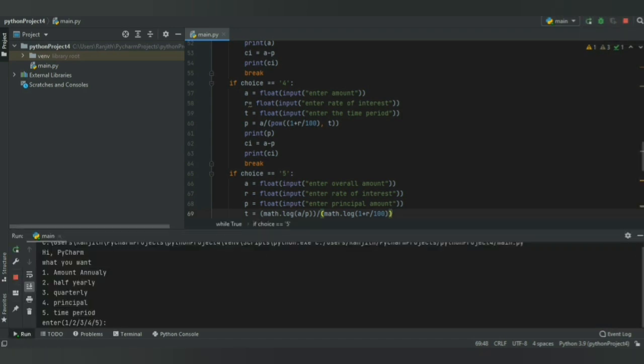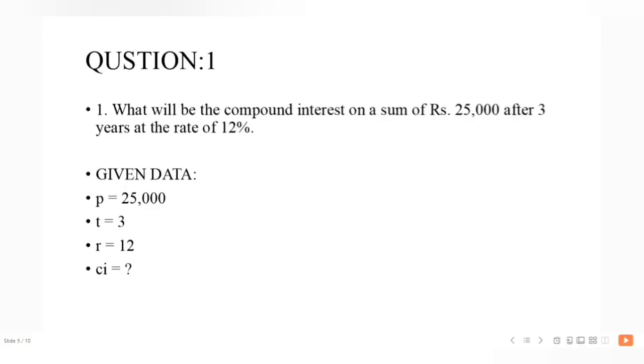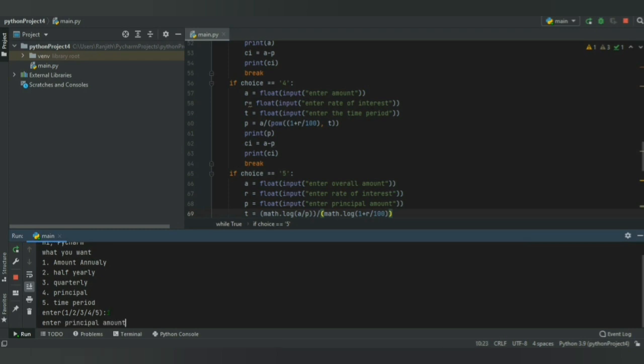Our first question is: what will be the compound interest of a sum of 25,000 after 3 years at the rate of interest 12%? The given data: principal amount equal to 25,000, time period equal to 3, and rate of interest is 12. What is the compound interest? Just run the program. What do you want? Amount annually. Click one option and enter.